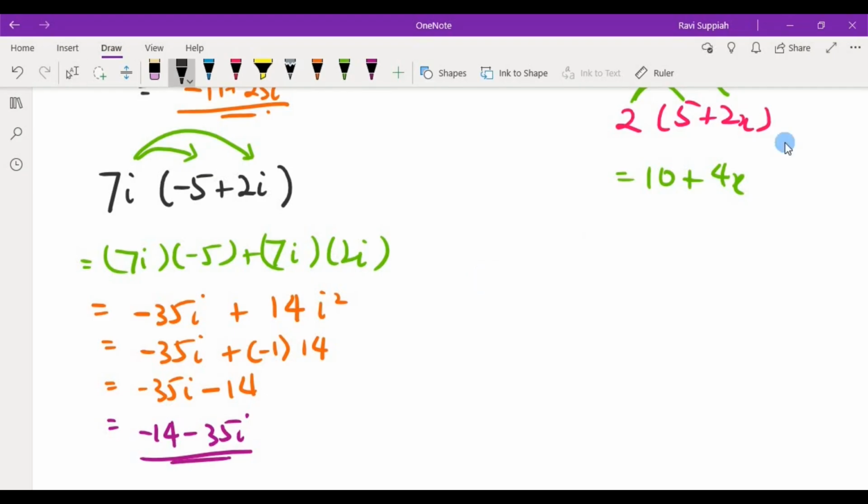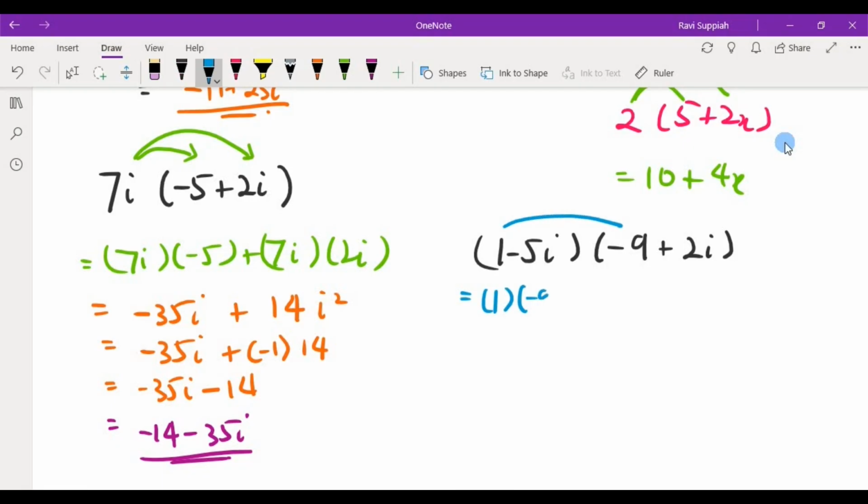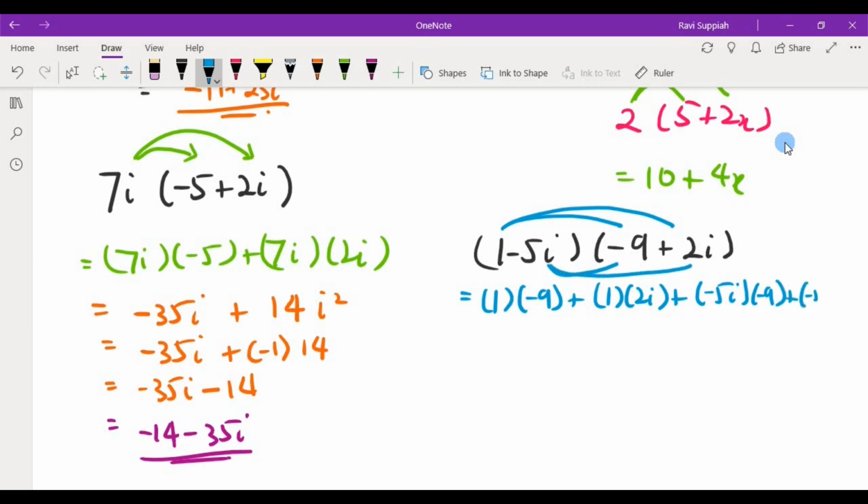Let's try another sum now. 1 minus 5i multiplied into minus 9 plus 2i. So we're going to take the same approach. Okay, we're going to do the expansion first. 1 times minus 9 plus 1 into 2i plus negative 5i and negative 9 plus negative 5i and 2i.